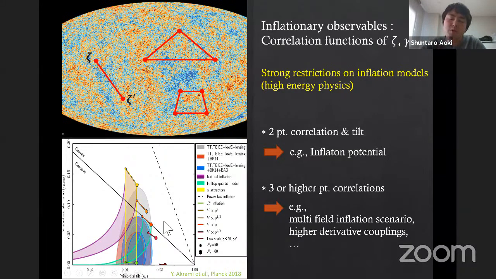You can see some of the inflation models are already excluded. We can also consider three or more higher-point correlation functions. From the constraint on non-Gaussian features of the CMB, we can constrain, for example, some models of multi-field inflation scenarios and inflation with higher derivative couplings, and so on. So again, we can say the cosmological correlation functions give a strong restriction.